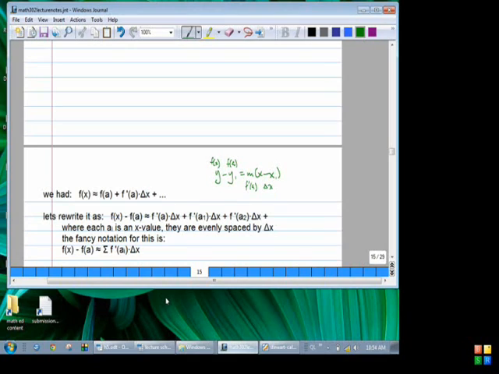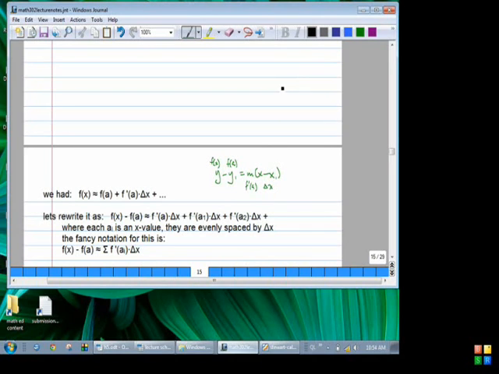So what do I mean by that? Well, what does every single term look like? It's f prime evaluated at some value times delta x. So the only thing that changes in every single term is what is that x value? So that's what this summation notation wants to say. And let me be a little more precise about this notation.